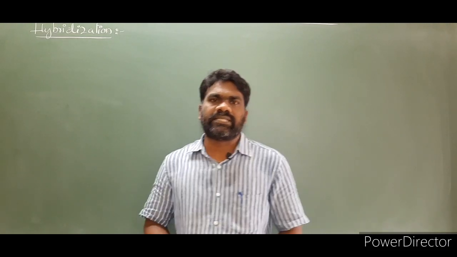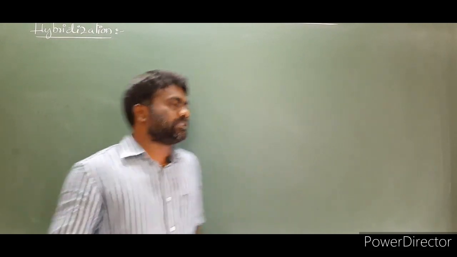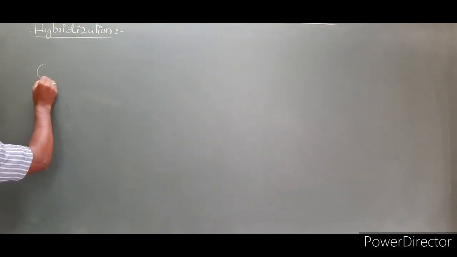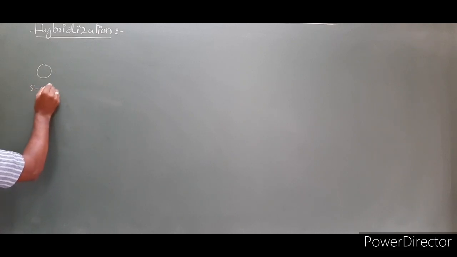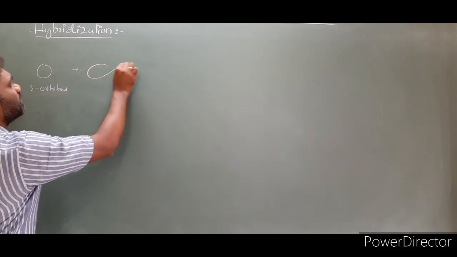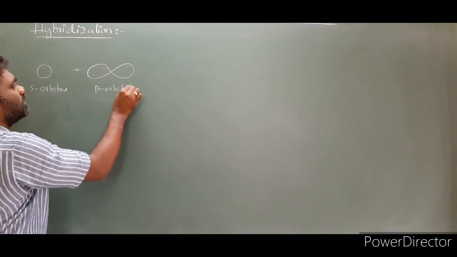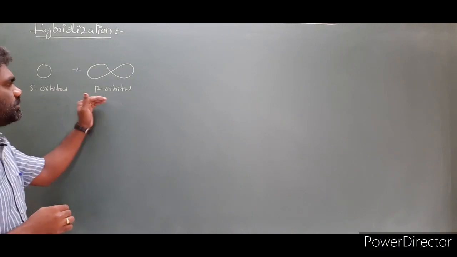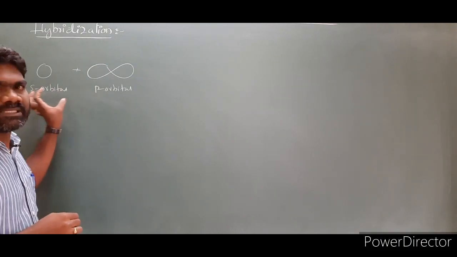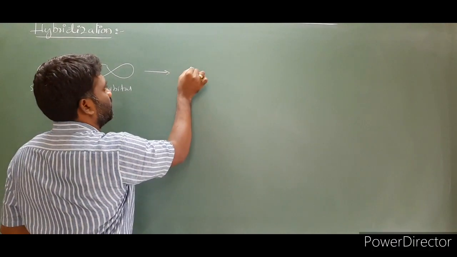Let us understand the exact meaning of this definition by taking an example. I am taking an s orbital, and another one, a p orbital. The intermixing of s orbital and p orbital will produce a new set of orbitals.